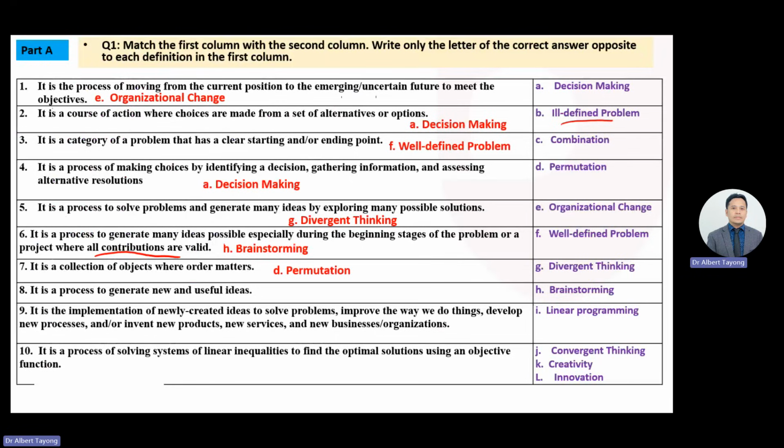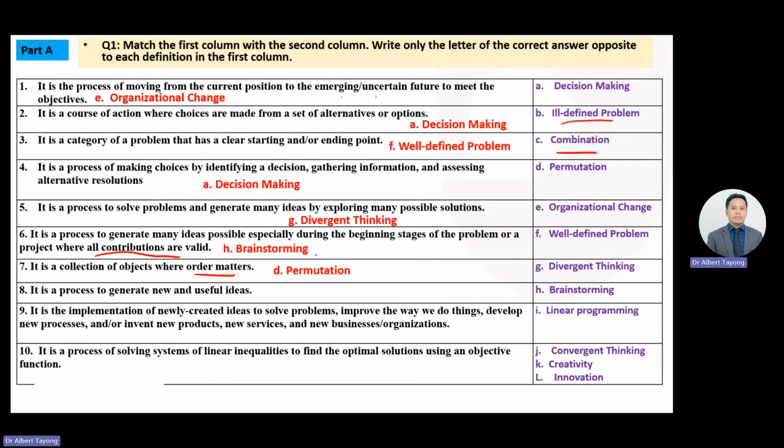Number seven, the answer is permutation, a collection of objects where order is important. Order matters. If I'm going to reverse the statement, a group of objects where order does not matter, that is a combination.